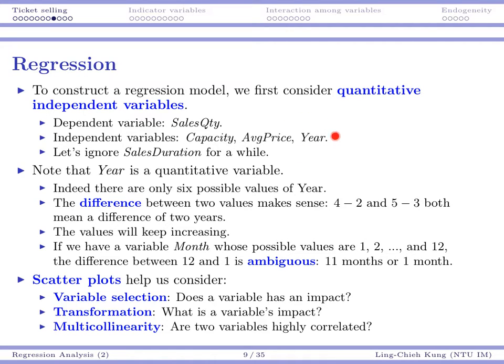There's one thing to be discussed. Year is a quantitative variable, even though year only takes 6 different values. In this example, year is quantitative. Why? The key to understanding that year is a quantitative variable is that the difference between two values makes sense. Years are from 1 to 6, but when you think about, for example, 4 minus 2, or 5 minus 3, they both mean a difference of 2 years.